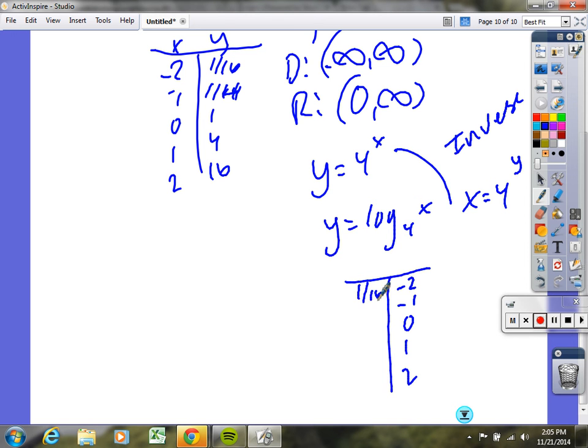4 to the -1 is 1/4. You see how it just... I'm just showing, I'm explaining. Okay, so here's what the graph would look like. Are we okay there? Can I scroll up?